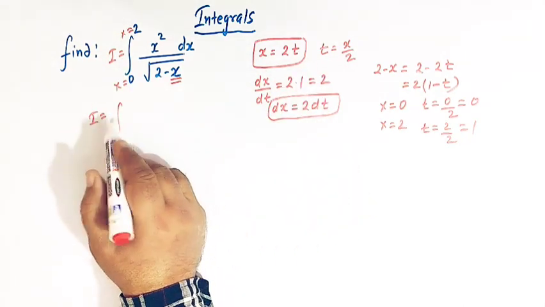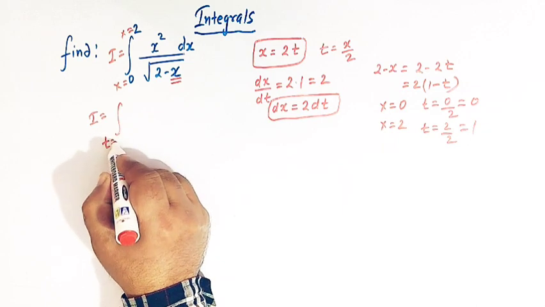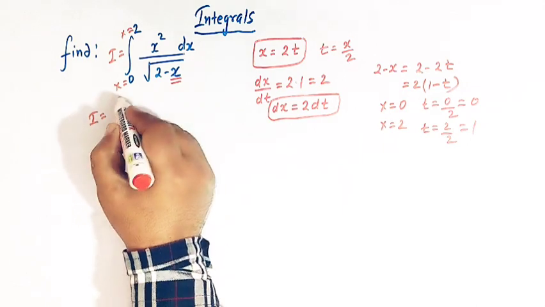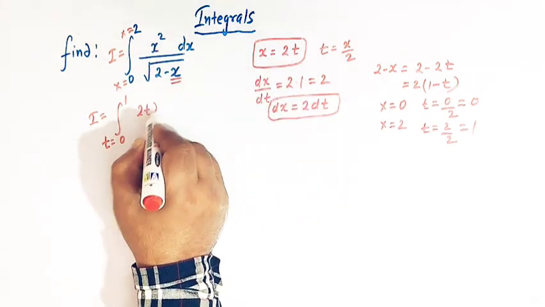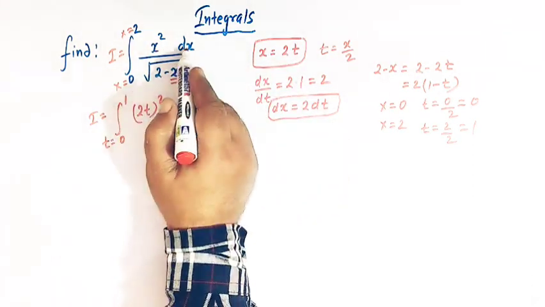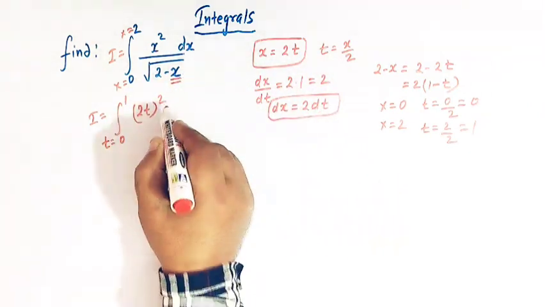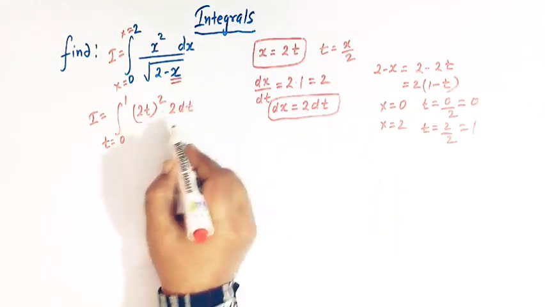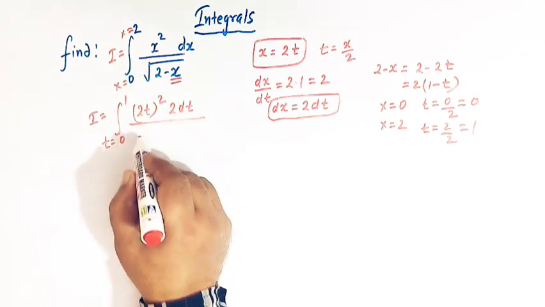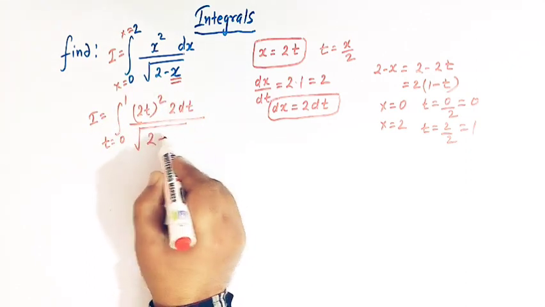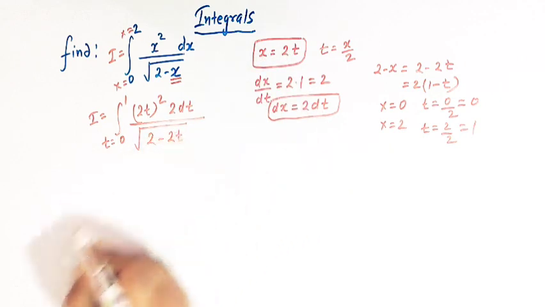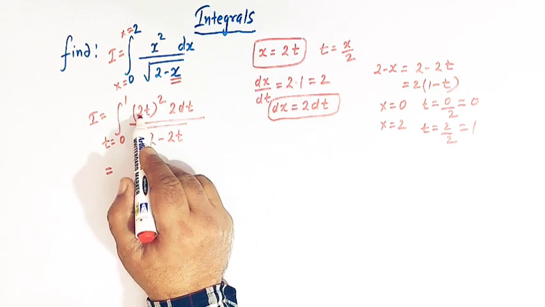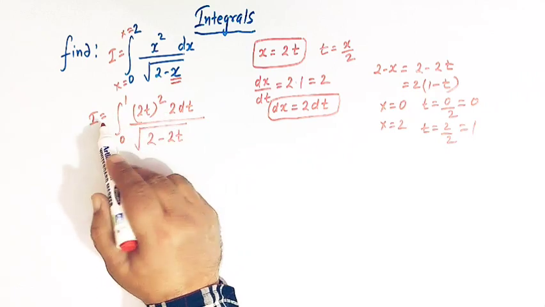So we have now limits of integration going from 0 to 1, and x square can be replaced by 2t square, and here dx can be replaced by 2 dt, right? And in the denominator we have square root of 2 minus x, which is 2 minus 2t. So we can take the constant terms outside the integral.